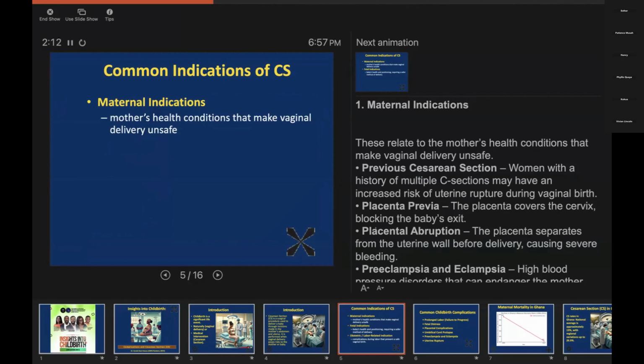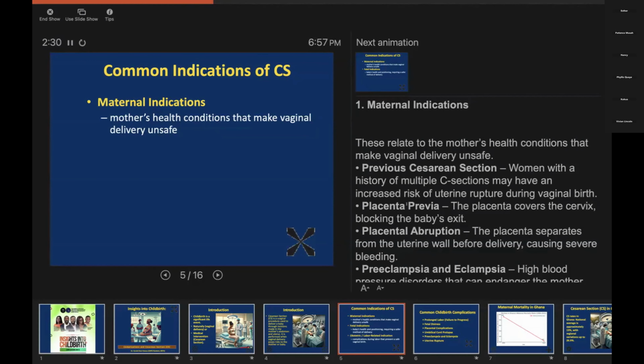We have certain reasons which pertain to the mother. For whatever reason, the mother has a condition for which the woman cannot deliver through the vaginal route, and for such conditions, we will suggest a cesarean delivery.